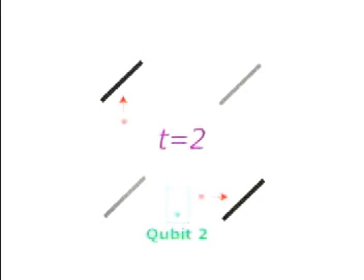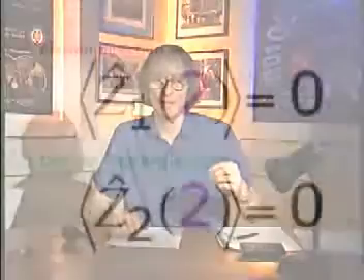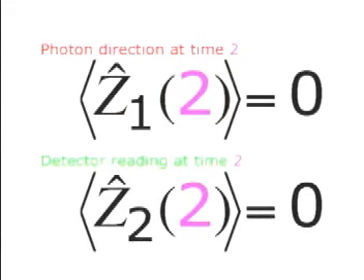We find that the expectation value of Z1, the photon direction of motion, at time 2, just after the measurement, is 0, just as it was in the original experiment, because in half the universes the photon travels on one path, and in the other half it travels on the other. And so the expectation value of Z2 of 2 is also 0, just as we would expect from something that has measured the correct value of Z1 in each universe.